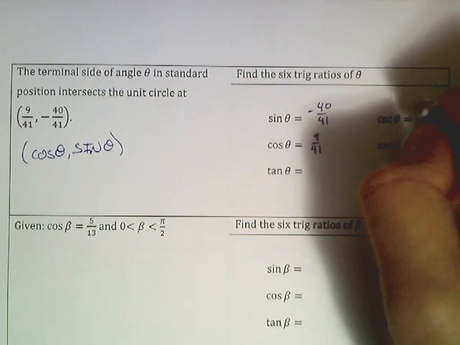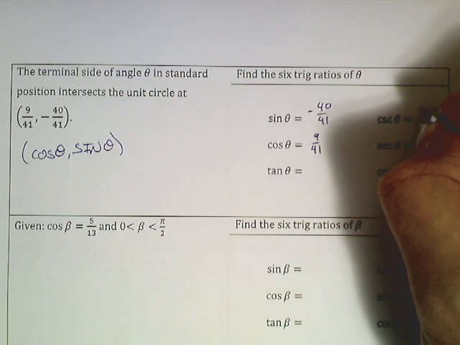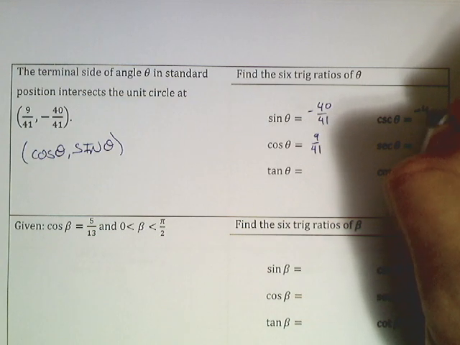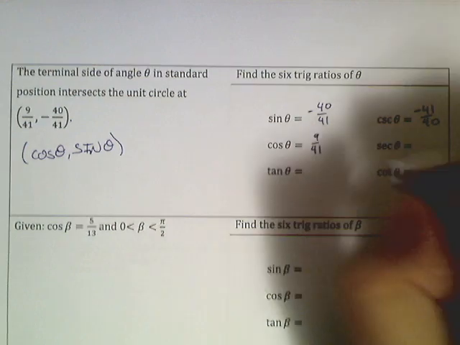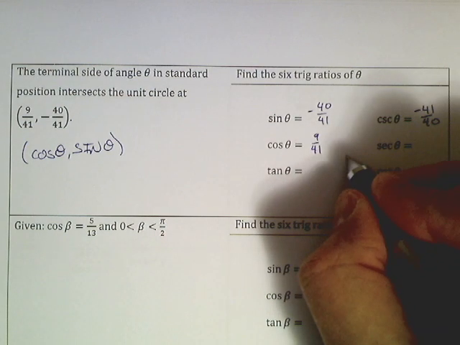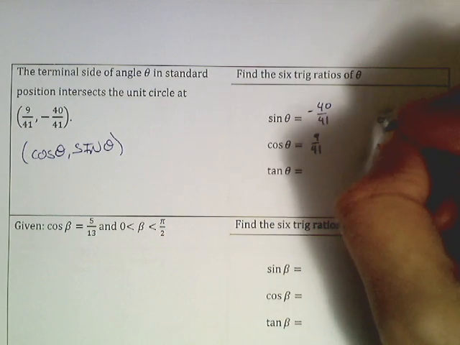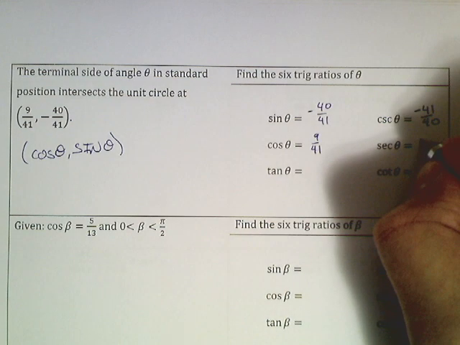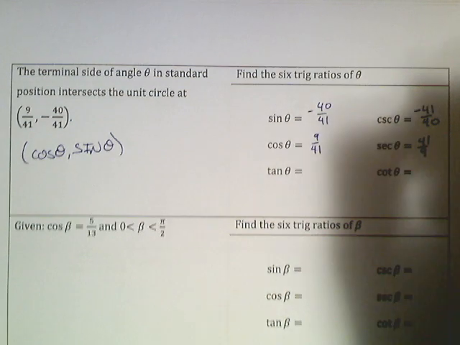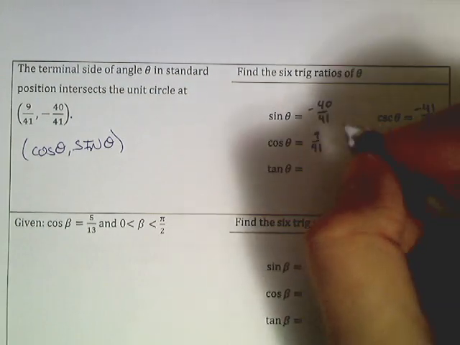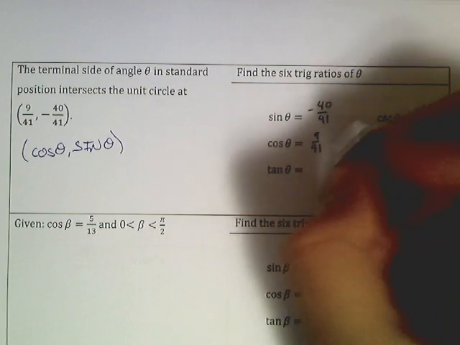Cosecant is the reciprocal of sine, so that is going to be negative 41 over 40. Secant is the reciprocal, so we just flip cosine, so that'll be 41 over 9. Tangent is just sine over cosine.